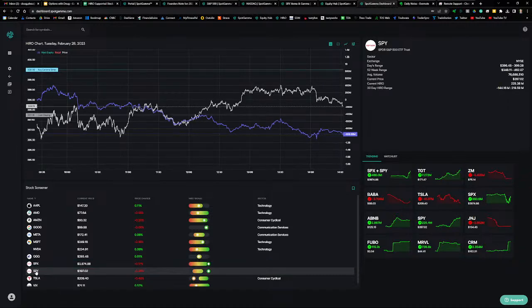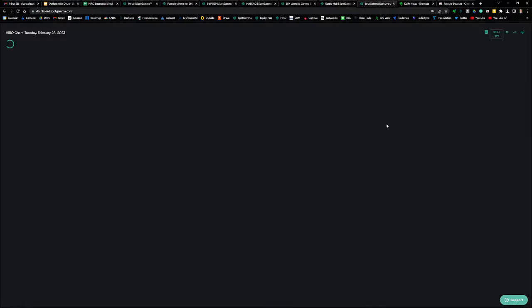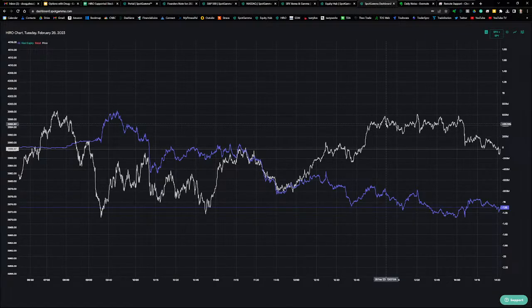And I'm looking at this whether I'm trading SPY, SPX, or ES. All right, so it looks like traders overall are fading the move higher, shown by the hero signal trending lower.